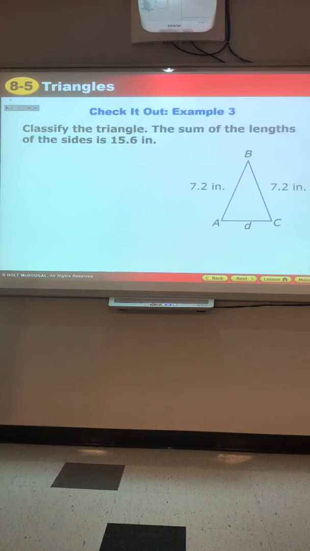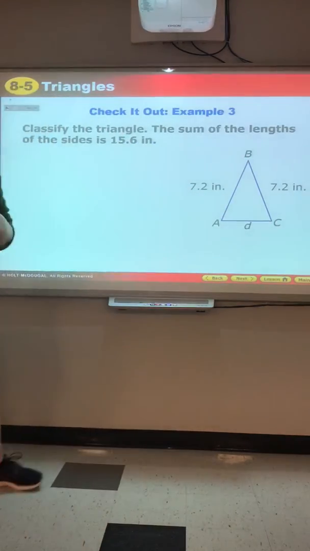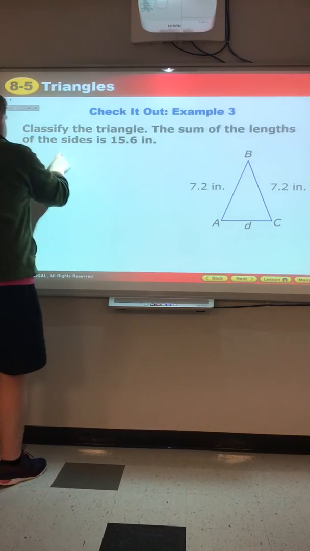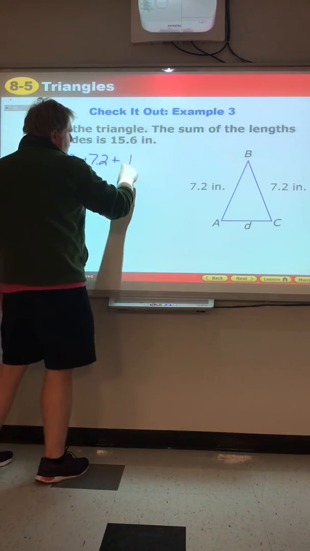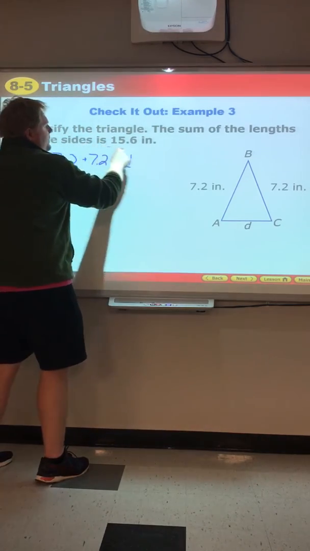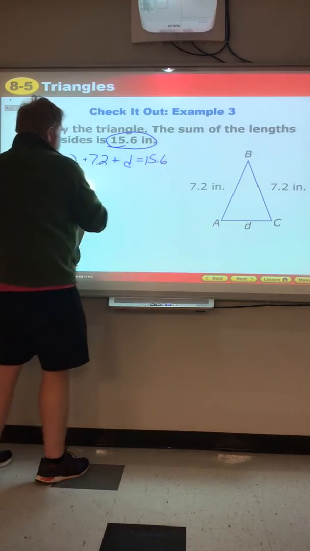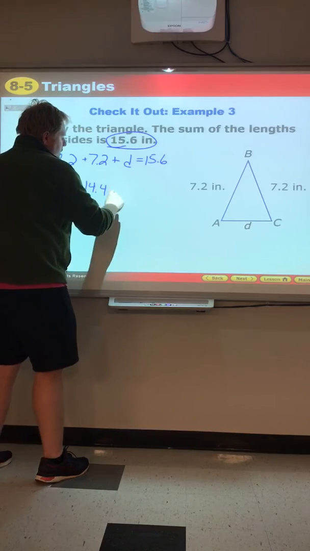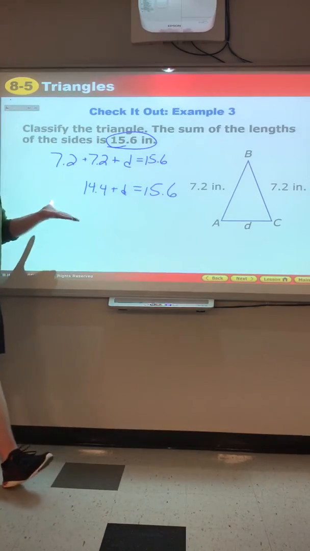Now, this side. We see two sides are the same, so we can automatically know it's an isosceles triangle. But if we have 7.2 plus 7.2 plus D, it says the perimeter is 15.6. So that's 14.4 plus D equals 15.6.